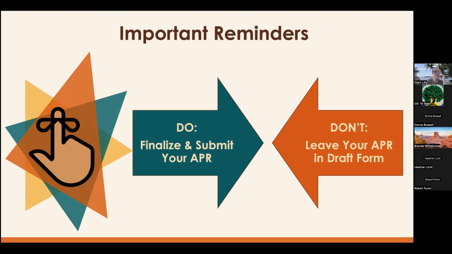When you look at your APR reports line item or section, it should have the date that it was actually submitted. If you don't see that there, then it has not actually been submitted into G5. Go back in and make sure you've completed all those steps and hit the submit button. Again, if you have any problems, that would be a question to ask the help desk at the G5 system.